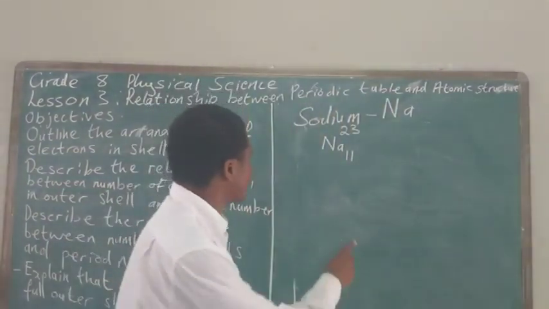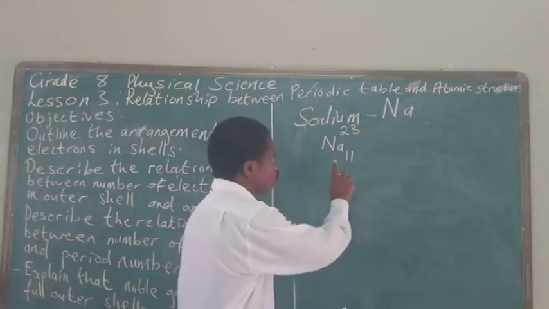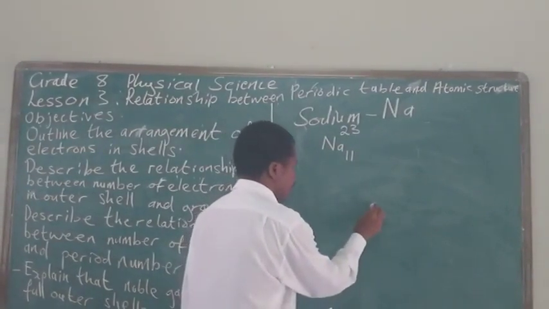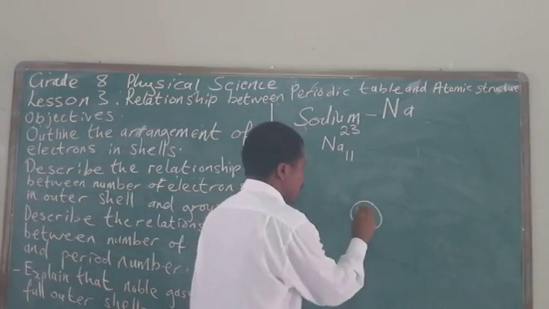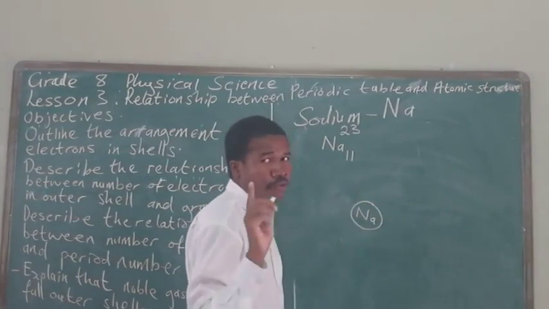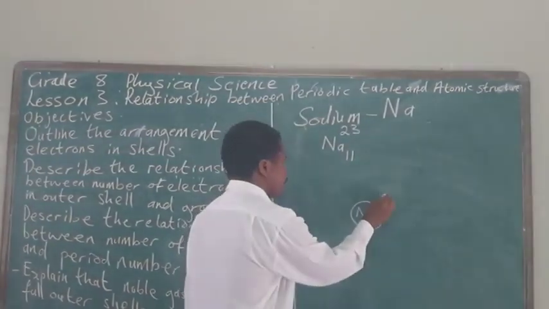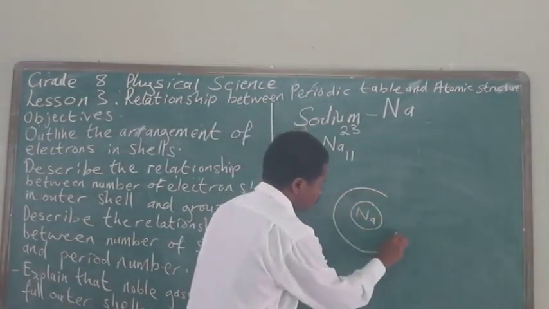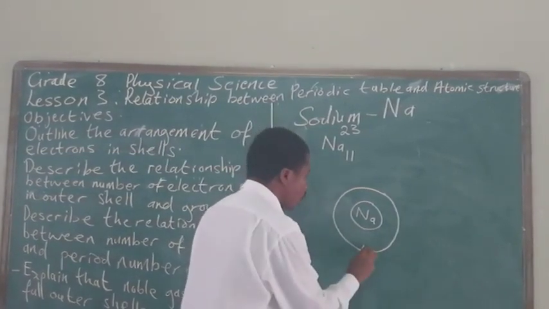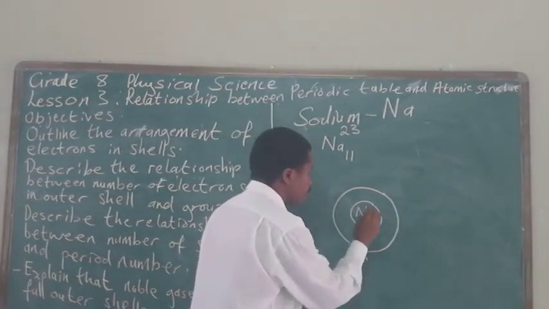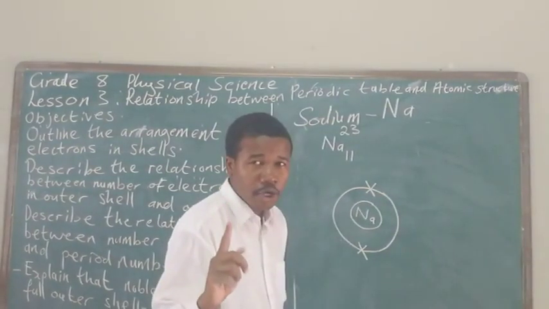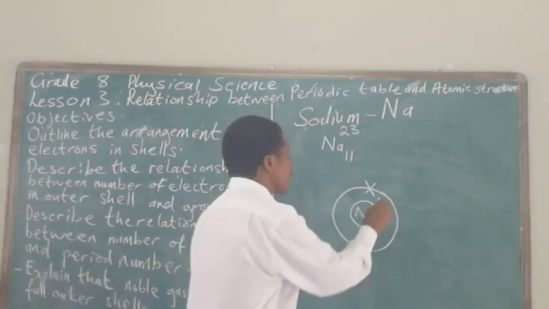Okay. So if we have sodium, we're going to draw now the atomic structure of sodium. In the nucleus, I'll put the symbol Na for the element sodium. Then the first shell can only be occupied by a maximum of 2 electrons.